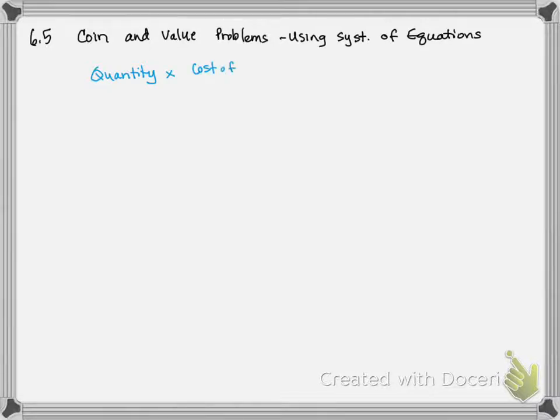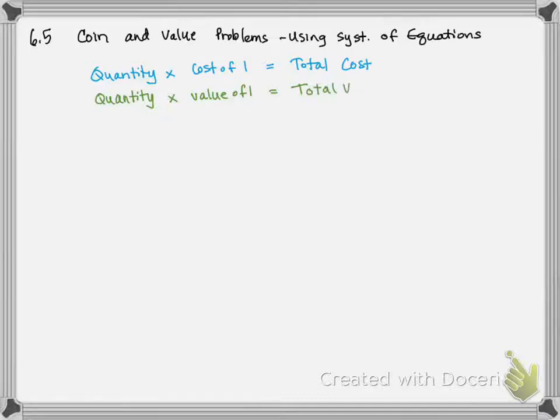Let's say this is about tickets or pizza, and that's going to equal total cost. The variation for coins would be quantity times value of one equals total value. So it's just words.